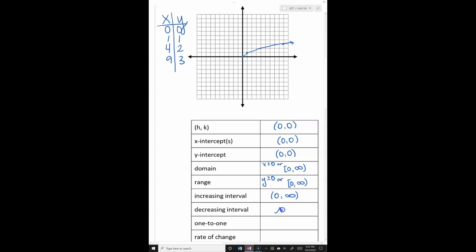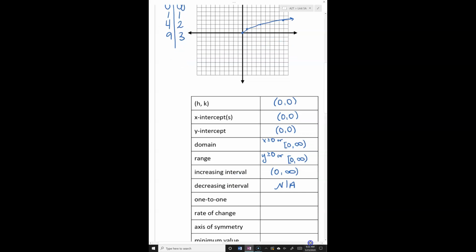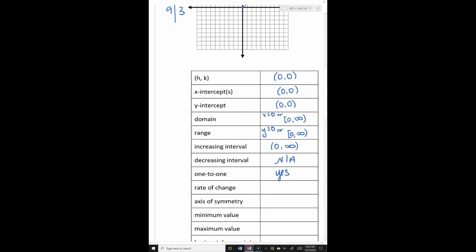We always use our domain values because we're asking, from what x value to what x value are our y values increasing, or are our y values decreasing? Is it 1 to 1? Yes, for every x value, there is one and only one corresponding y value, and for every y value, there is one and only one corresponding x value.